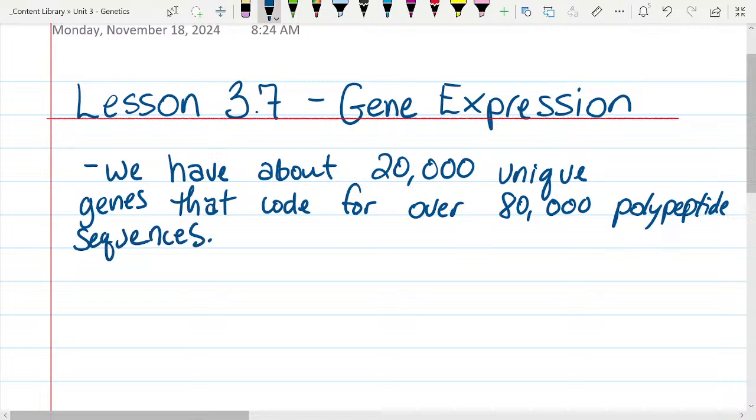And that 20 to 80,000, how is it that 20,000 genes can code for 80,000 polypeptide sequences? Different splicing patterns. Does that make sense?